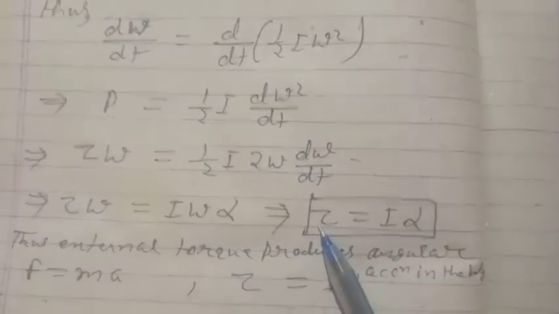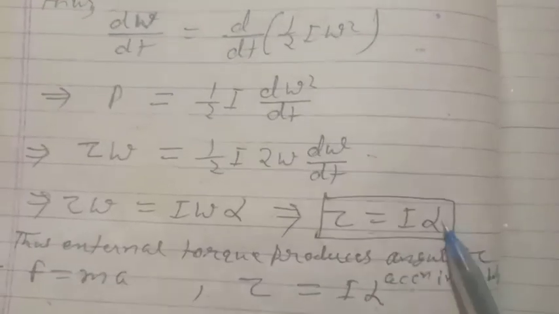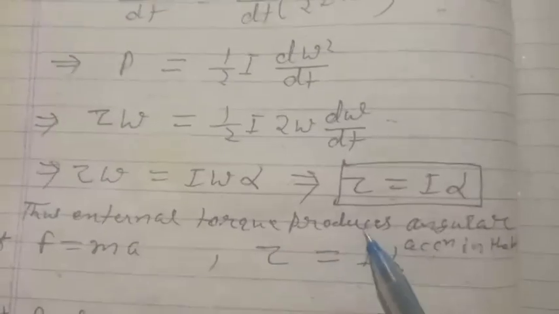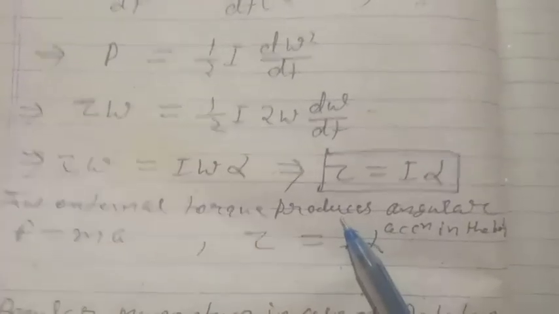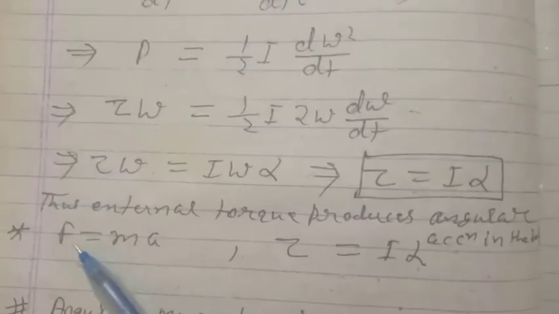Here tau is the torque, I is the moment of inertia of the body, and alpha is the angular acceleration. Thus, external torque produces angular acceleration in the rotating body, and this is equivalent to linear force.